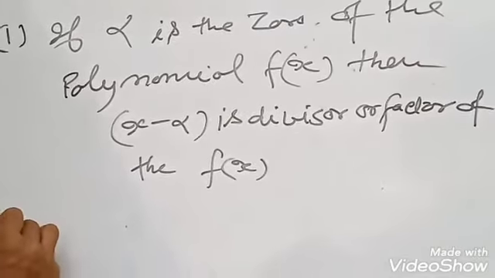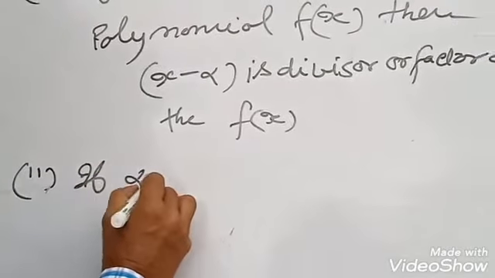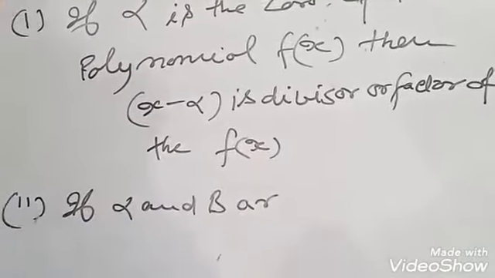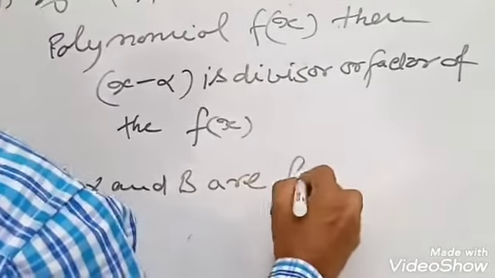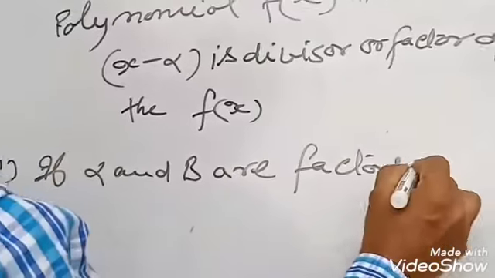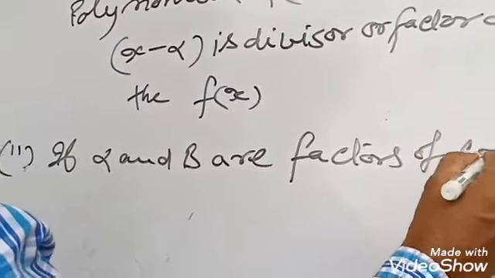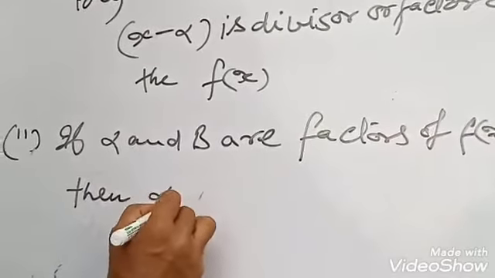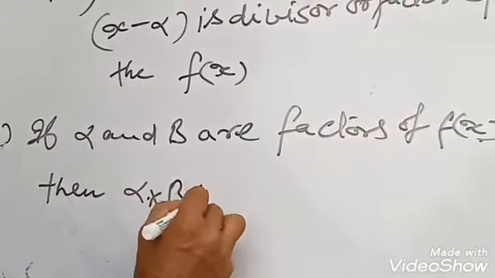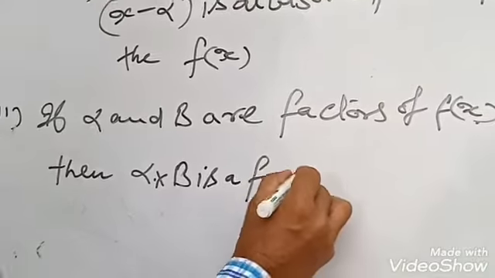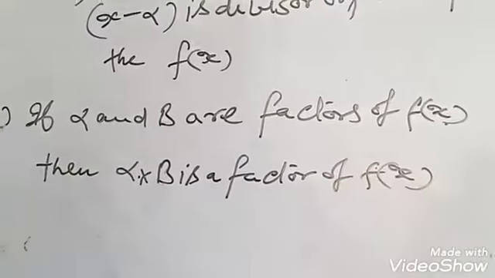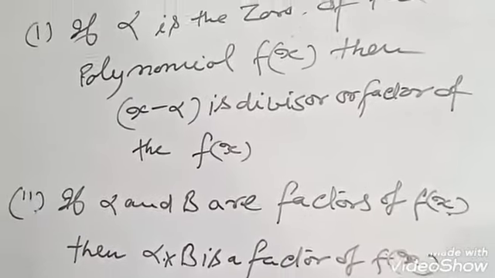Second, if alpha and beta are factors of f(x), then alpha into beta is a factor of f(x). These notes are very important.